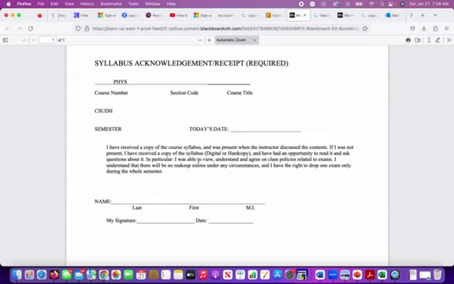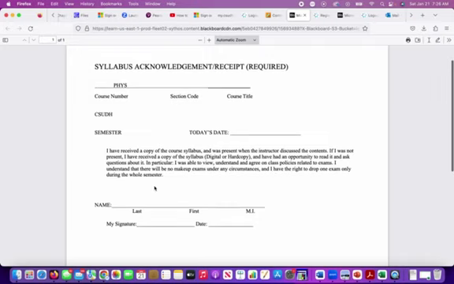In particular, I was able to view, understand, and agree on class policies related to exams. I understand that there will be no makeup exams under any circumstances, and I have the right to drop one exam only during the whole semester.